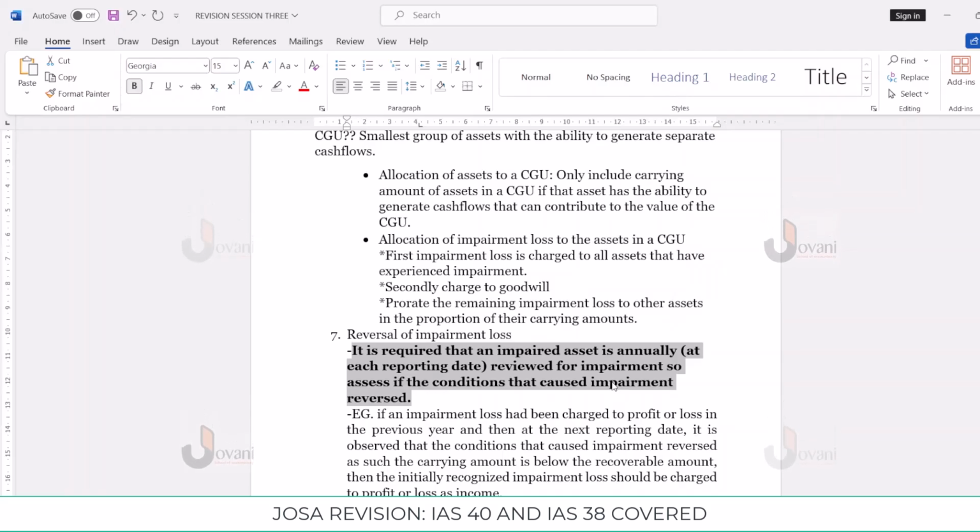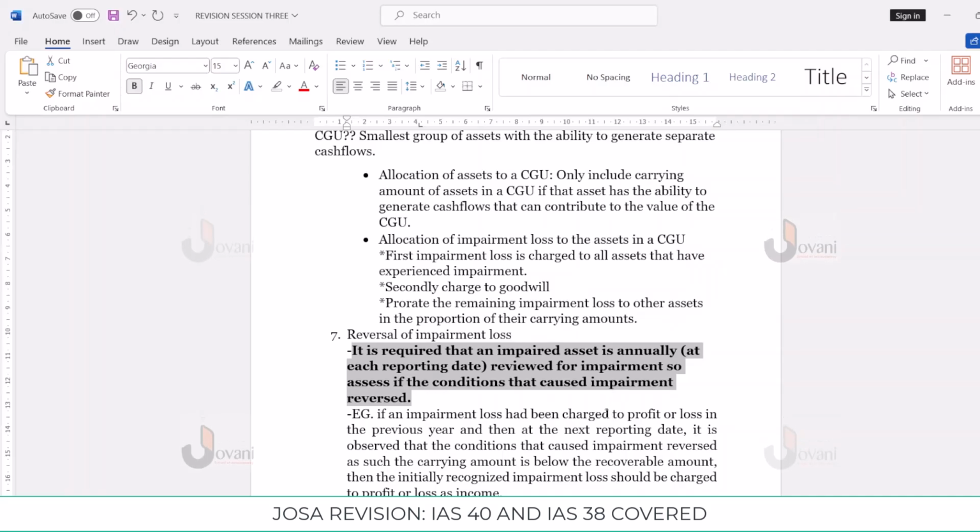And if the conditions that led to impairment were reversed, and therefore the asset is no longer impaired, then the previously recognized impairment loss should be taken to profit or loss.